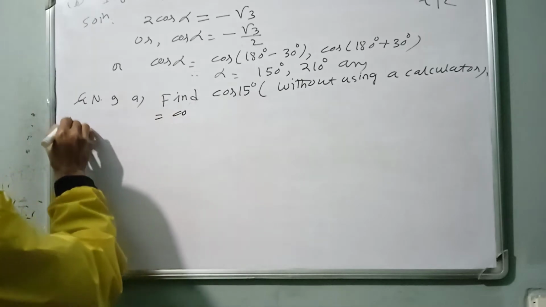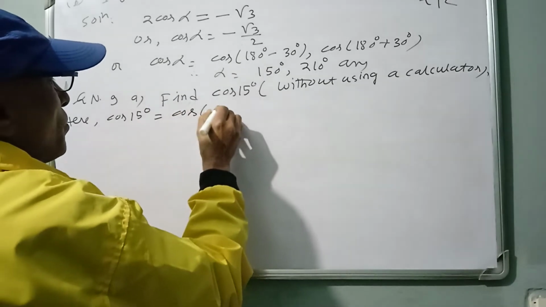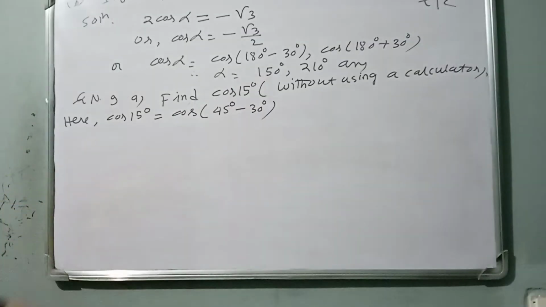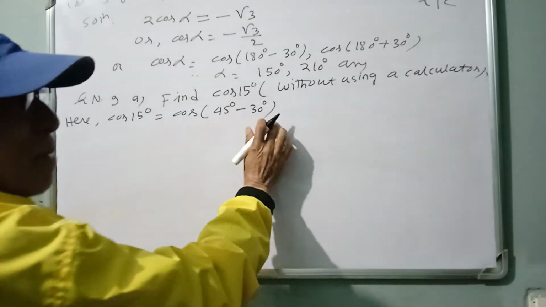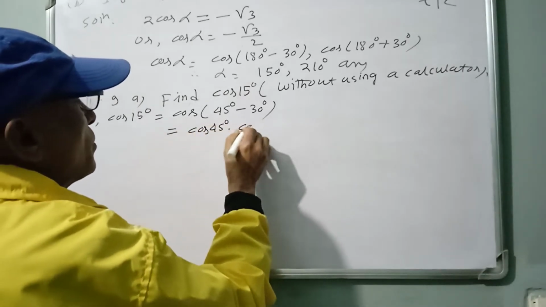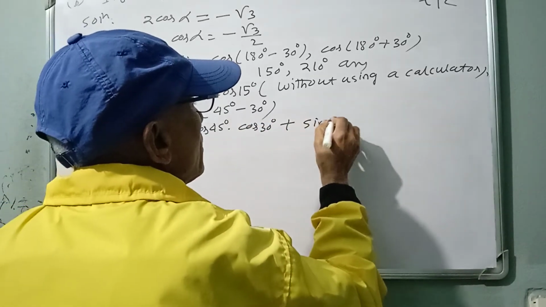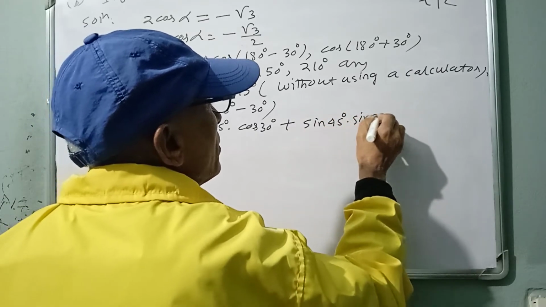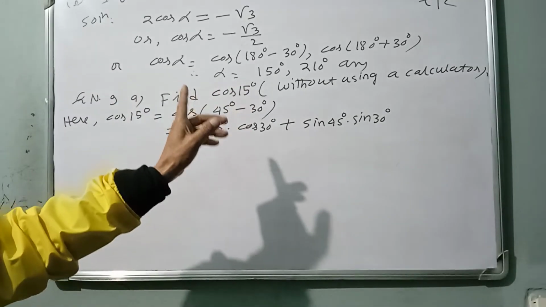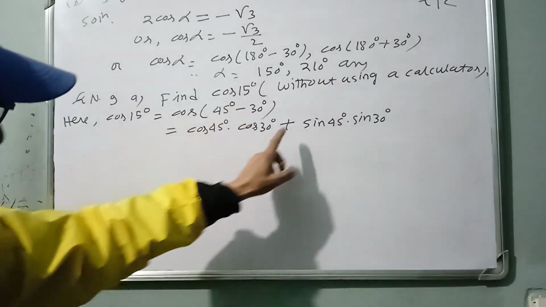Cos 15 degree equals cos 45 degree minus 30 degree, or you can write 60 minus 45 as well. Cos A minus B formula: cos A cos B plus, not minus, sin A sin B. Remember, cos A cos B plus sin A sin B. If there is minus, there should be plus.